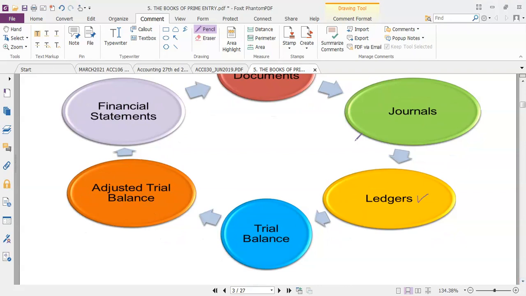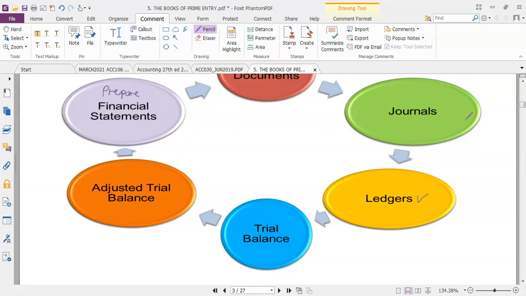This is the cycle of accounting, the steps that you must go through one by one in order to prepare financial statements. Financial statement is the last stage or the last cycle in accounting.